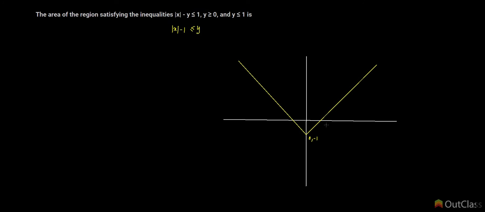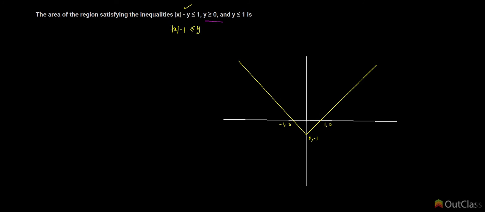A few points for reference. That's the first one. Then you have y greater than or equal to 0. So again, what you want here is y greater than or equal to mod x minus 1, which is anything above these lines. So this is the region we're looking for, satisfying the first condition.